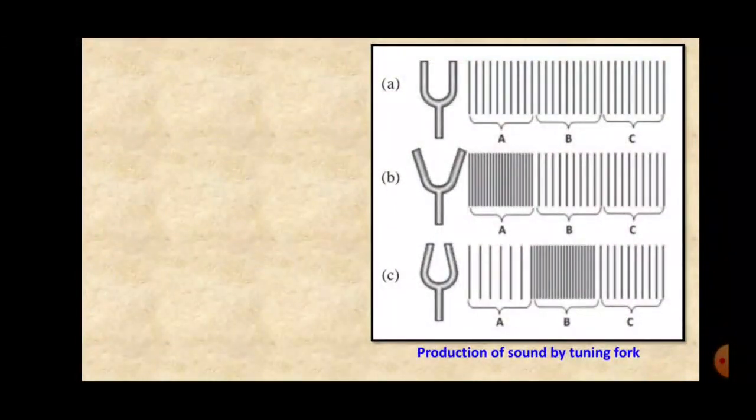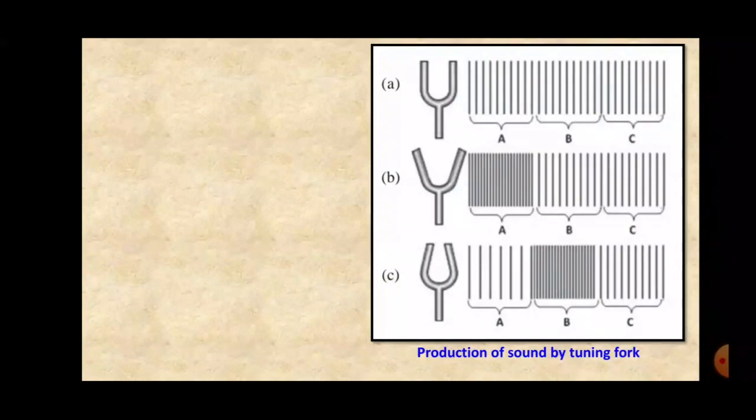Now, in the picture in front of your eyes, you can see three pictures: A, B, and C. Now we will study in detail what these three pictures depict. In the very first one, the stem of the tuning fork is kept steady, not moved.